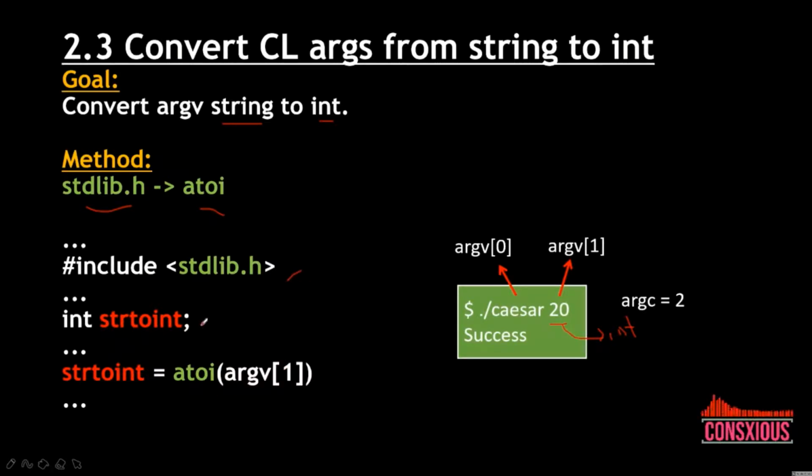Then we have to declare the integer variable. Once we declare the variable, we set it equal to the string that we want to convert. This is how we convert a string into an integer. Alright, so I hope this is clear for this slide.